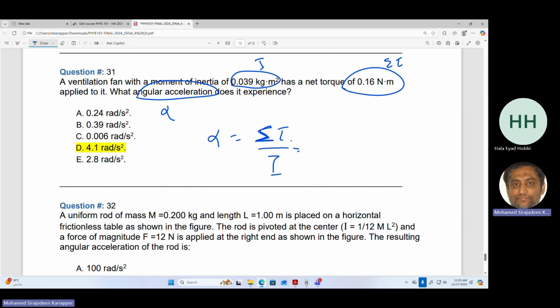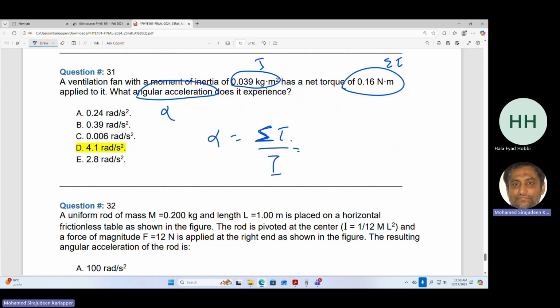Newton's second law for rotational motion. Newton's second law for regular linear translational motion is net force is equal to mass into acceleration. For rotational motion, we don't use force because force is not the right thing to use, because you have to talk about how it is rotating.